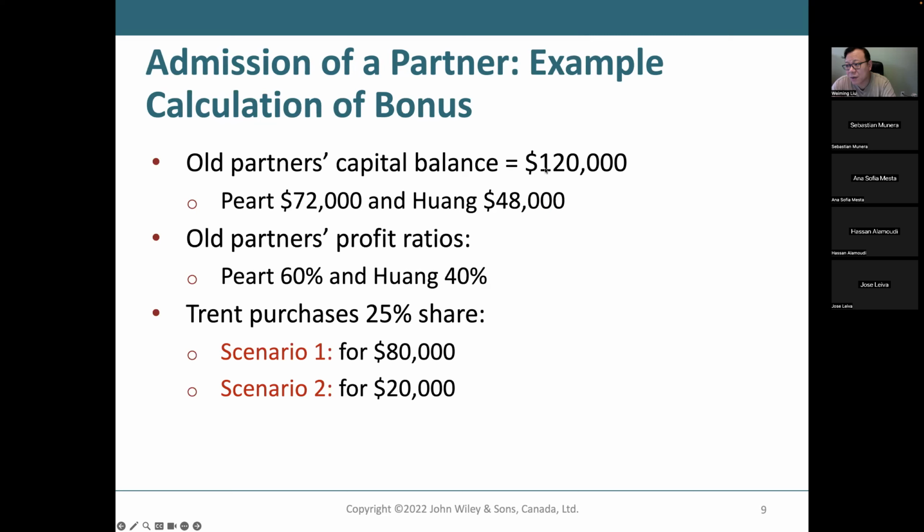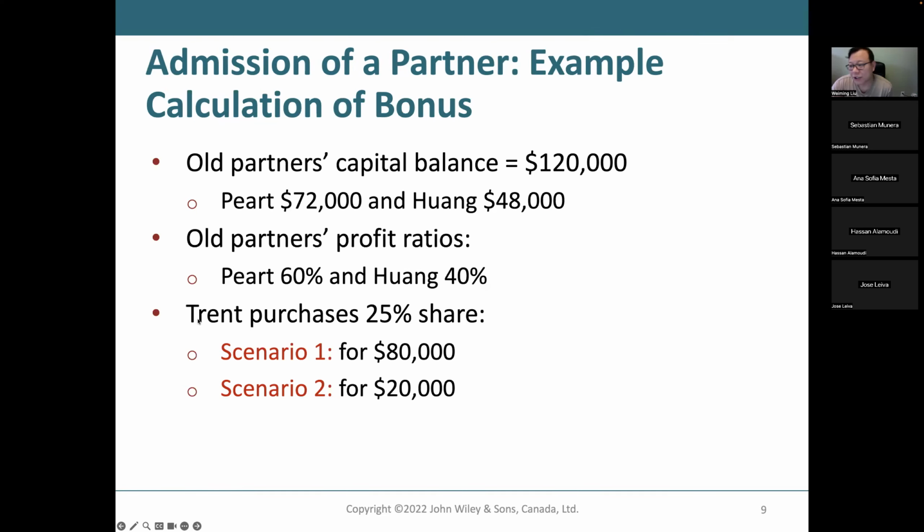Together, that is the 120,000. So these are all the existing two partners, and the profit ratio is 60-40. So if you earn $100, Pert will get $60 and Huang gets $40.